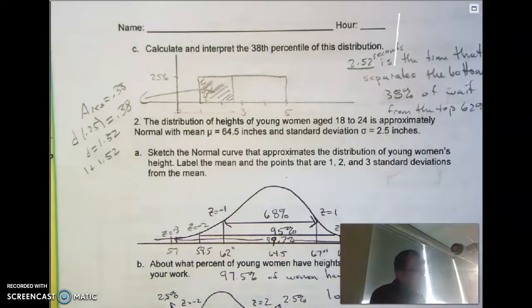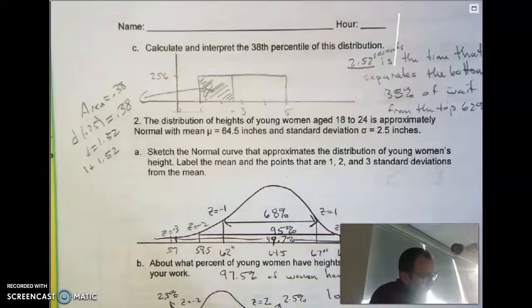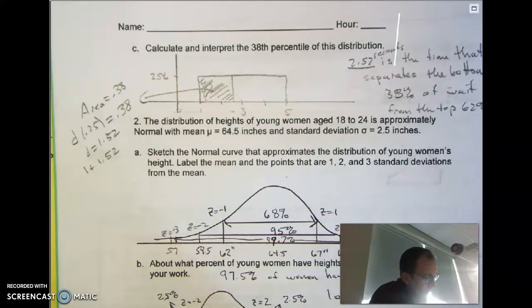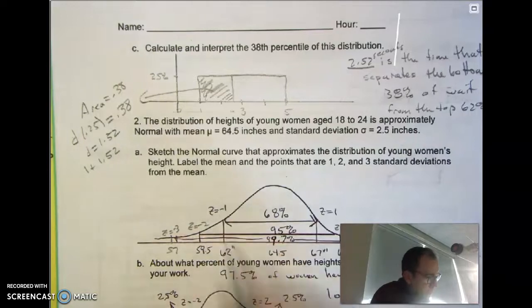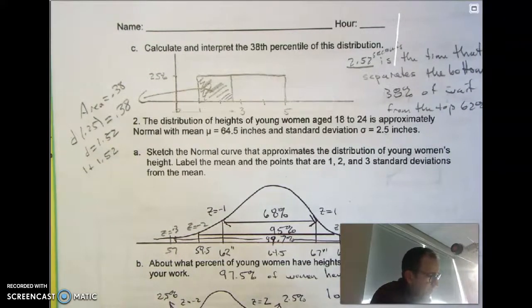And is a young woman whose height is 62 inches considered unusually short? Well, if we think about that for a minute, that 62 corresponds with a z-score of -1. So 62, we labeled that up here. To have a z-score of -1, and we know that 68% of the women have heights that are between the z-score of -1 and the z-score of +1, which would be at 67.